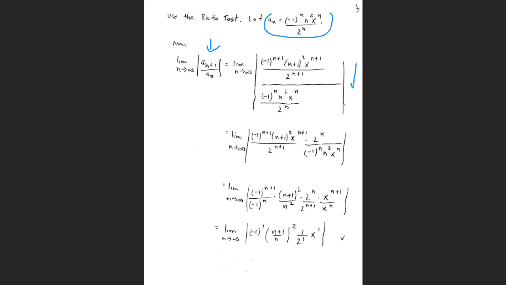Okay. All right. So this is the nth term. And to determine the n plus first term of the power series, which is this term here, we substitute n plus 1 for n. Everywhere in the nth term that we have an n, we substitute in n plus 1, and that'll give you the n plus first term.